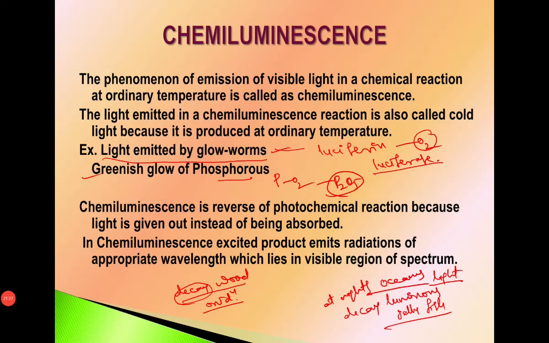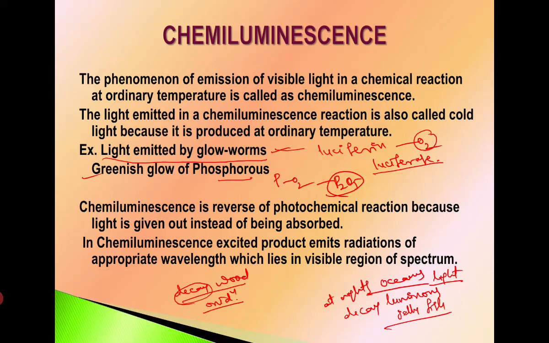Next, chemiluminescence can be termed the reverse of a photochemical reaction, because in a photochemical reaction light energy is absorbed and a chemical reaction happens, whereas in chemiluminescence light is emitted in a chemical reaction.